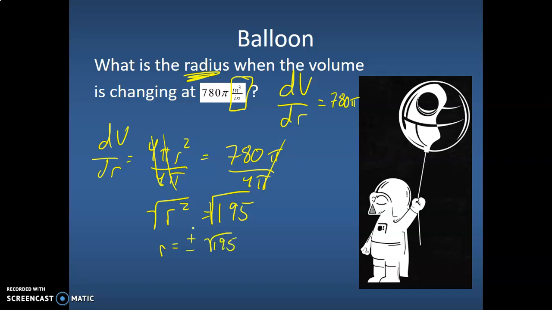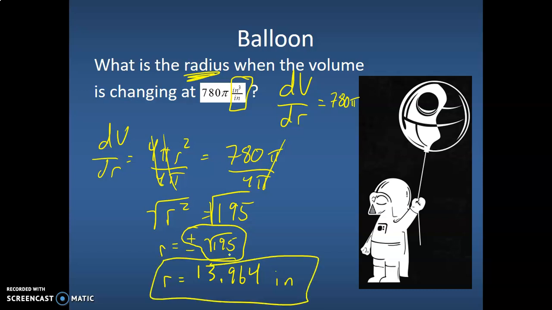When we're dealing with a real world problem, we couldn't have a negative radius. And then I would want to write it with at least 3 decimals, so 13.964 inches. That would be the radius when the volume is changing at this rate. Notice that it's a rate because you've got inches cubed per inch.